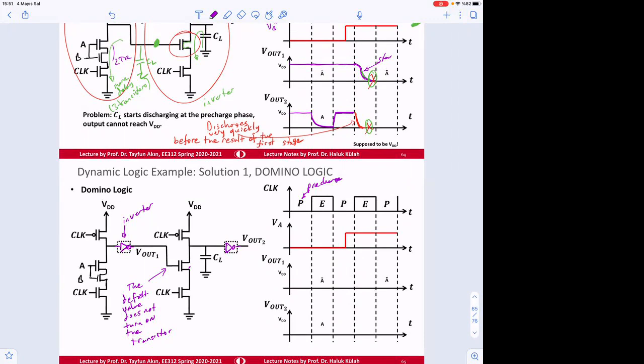During the pre-charge, the output one, this is, let's say, PZ, and this is Z, this is PY, this is Y. Okay, so PZ is going to be pre-charged, which is going to be VDD, but then Vout1 is going to be low. So this is going to be staying low here. And similarly, Vout2 is going to be also low.